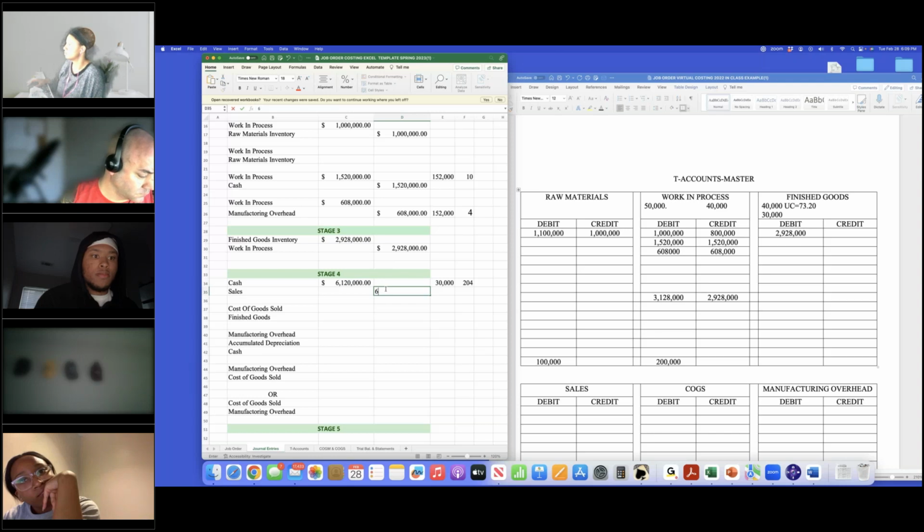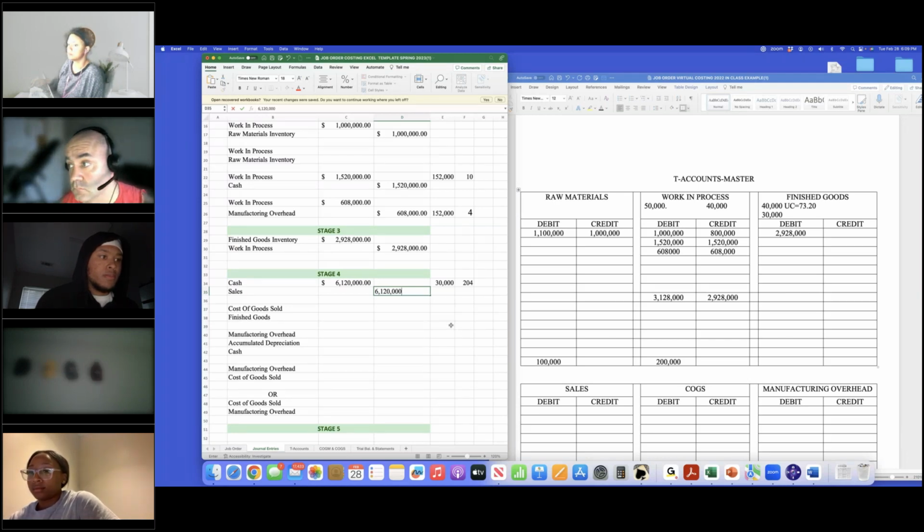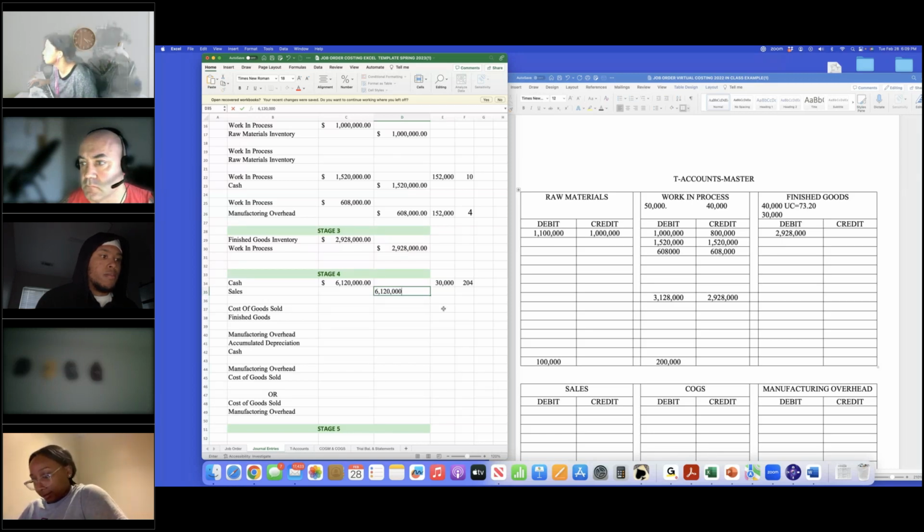What's our cost of goods sold going to be? Our inventory people, what's cost of goods sold going to be? 2.196. I got 2.196.